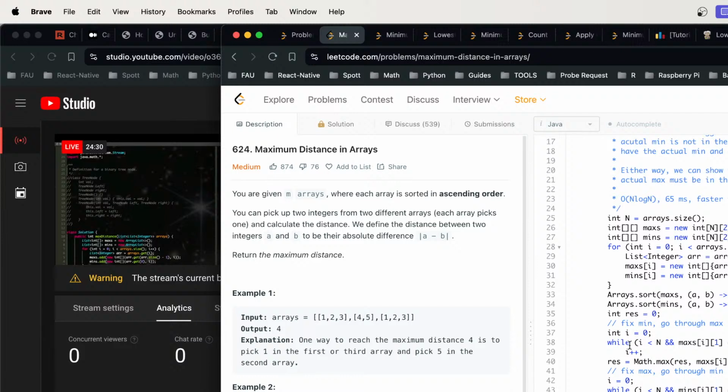Yeah, if we sort from small to large, we have the smallest, right? And then we need to find the biggest among them.